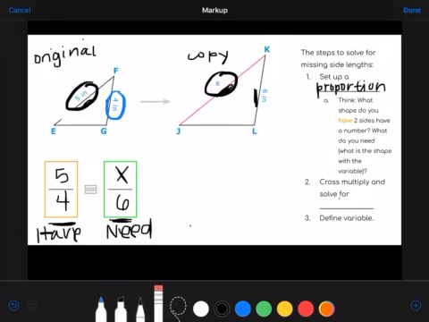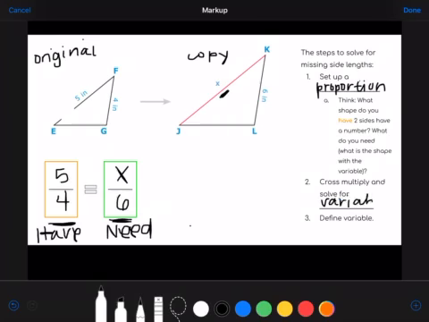All right, so the next thing we need to do is to cross multiply and solve for our missing side length, which in this case is the side represented by our variable.